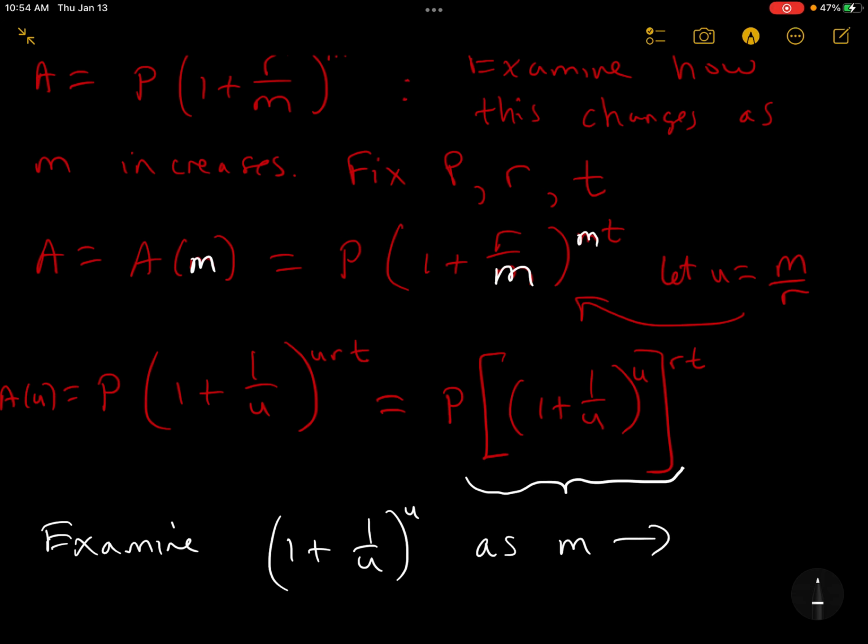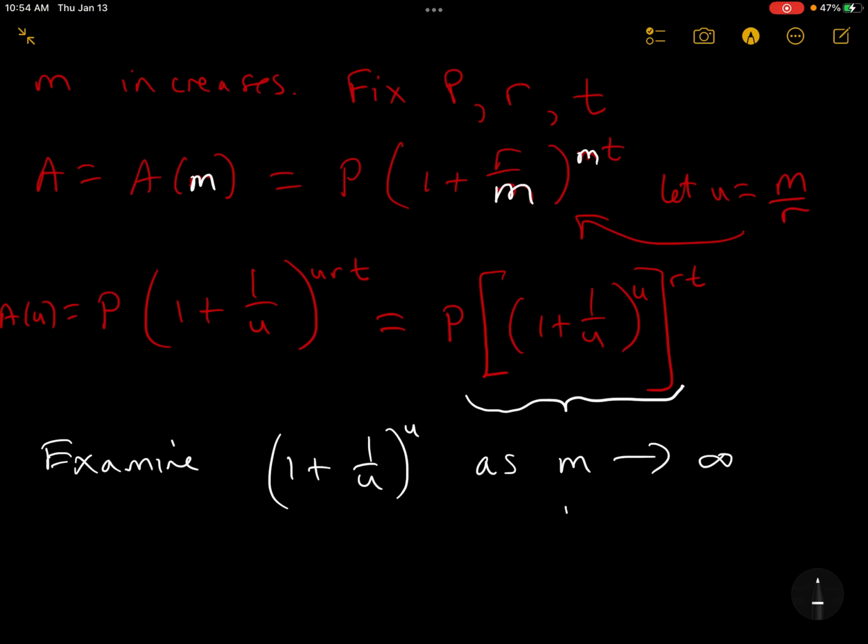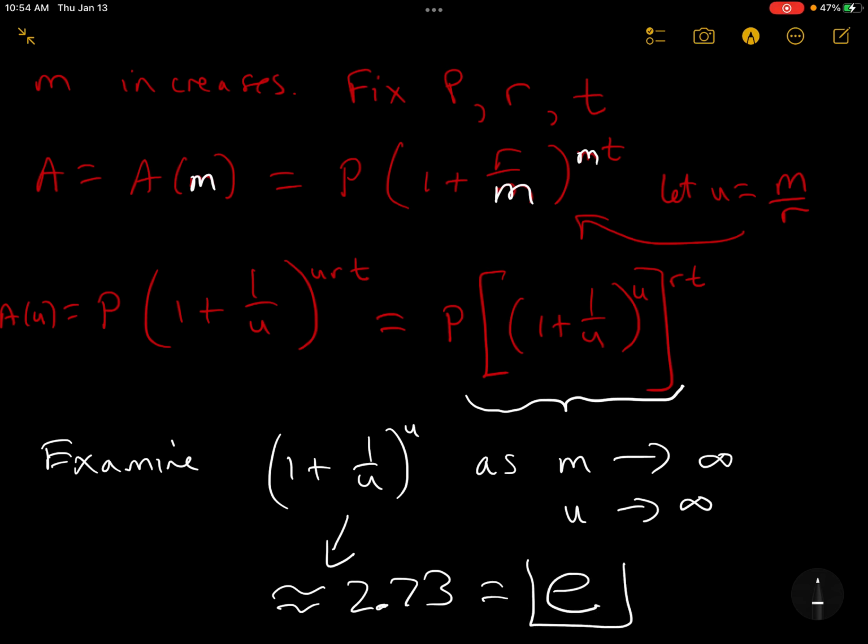As m gets really big, as it goes to infinity, u goes to infinity, because m gets big and u gets big linearly together. This number converges to roughly 2.73. It's actually the number e, the natural number e.